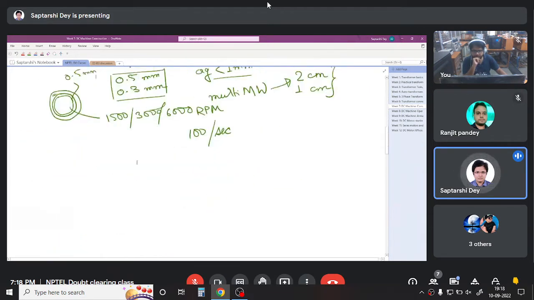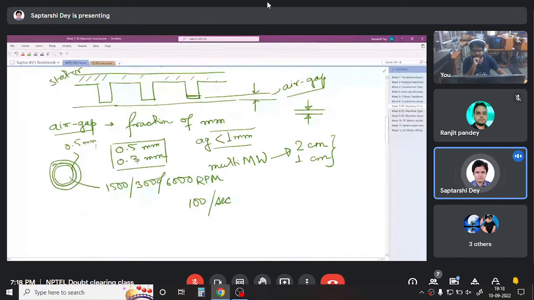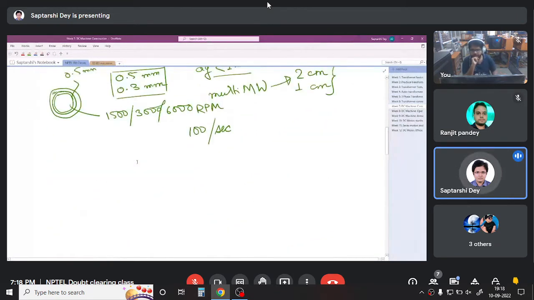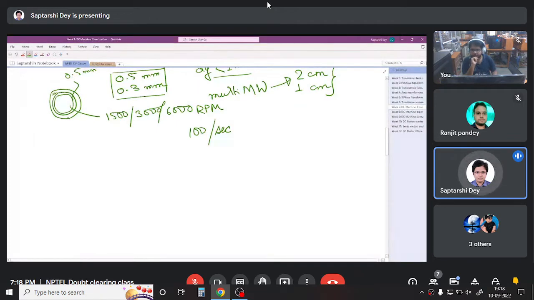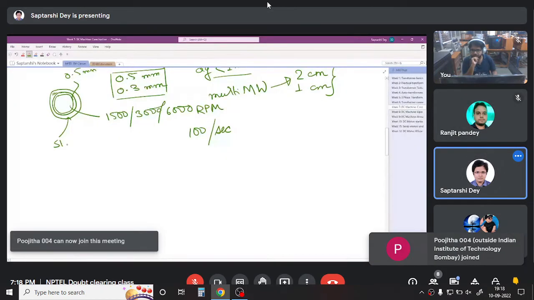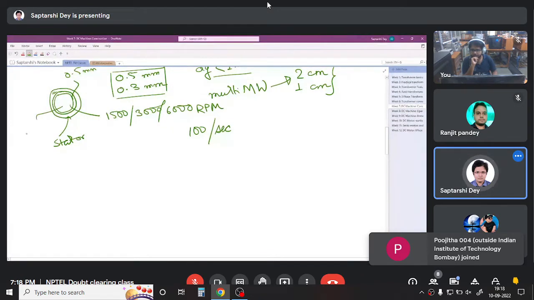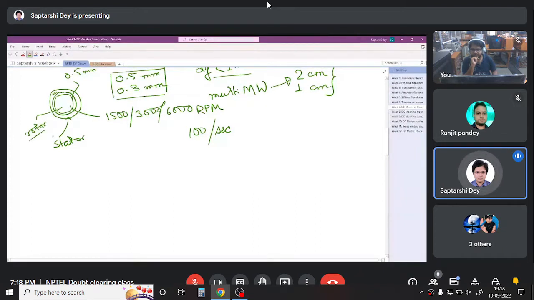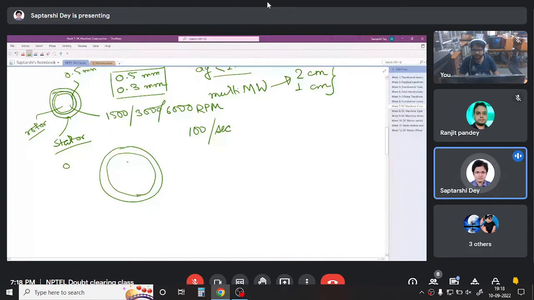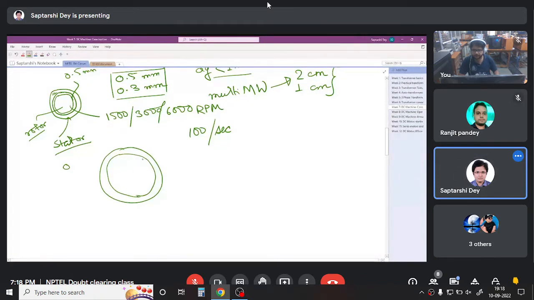Okay, so as of now we have talked about most of the constructional details of the machine. Till now what I have drawn is the stator. As of now I have shown the stator to be outside and the rotor to be inside. The other way around is also possible, where the rotor will be outside and the stator will be inside.